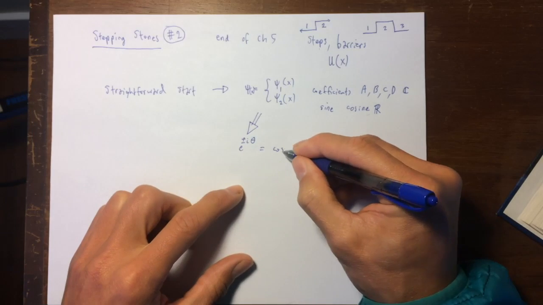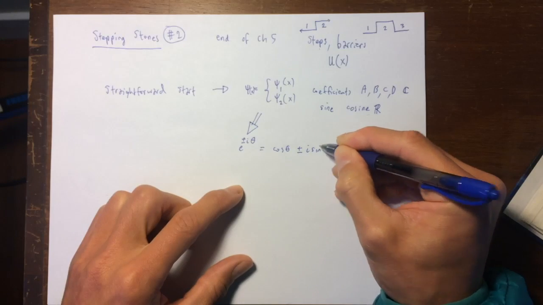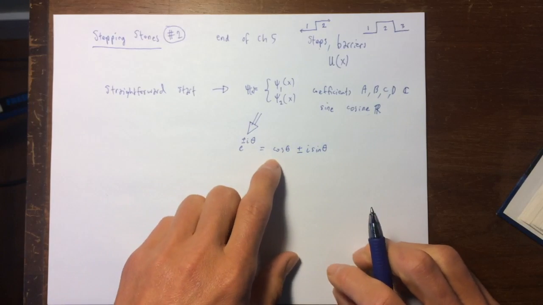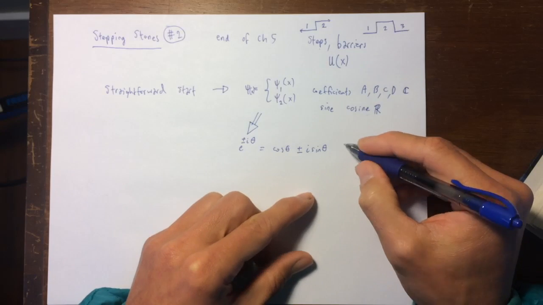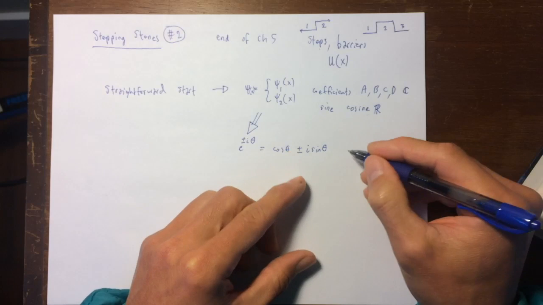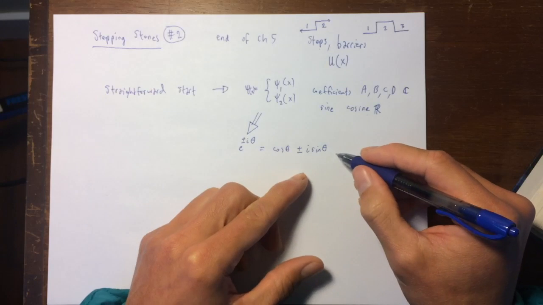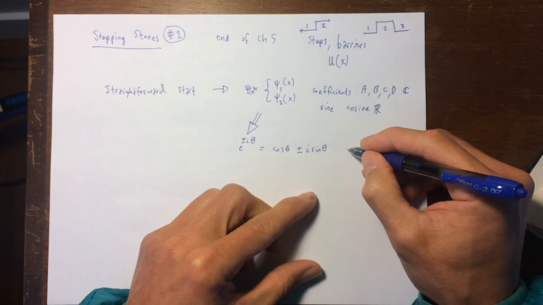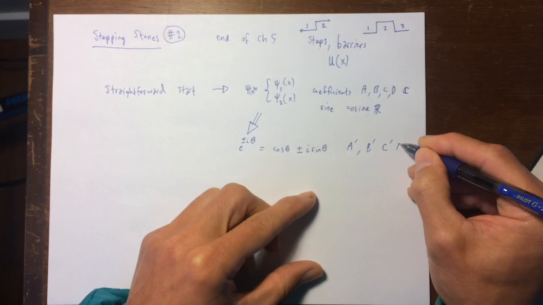So this is cosine of theta plus or minus i times the sine of theta. If you do that, the book shows you, but not in a lot of detail, quite honestly, but y'all are really good with math at this point, so you can go fill in the detail. You're going to get new coefficients, a prime, b prime, c prime, d prime.